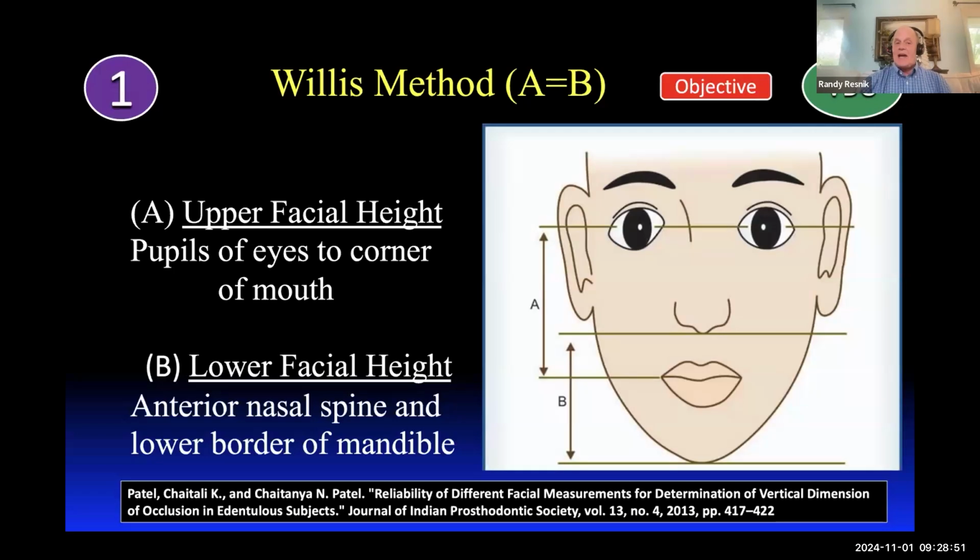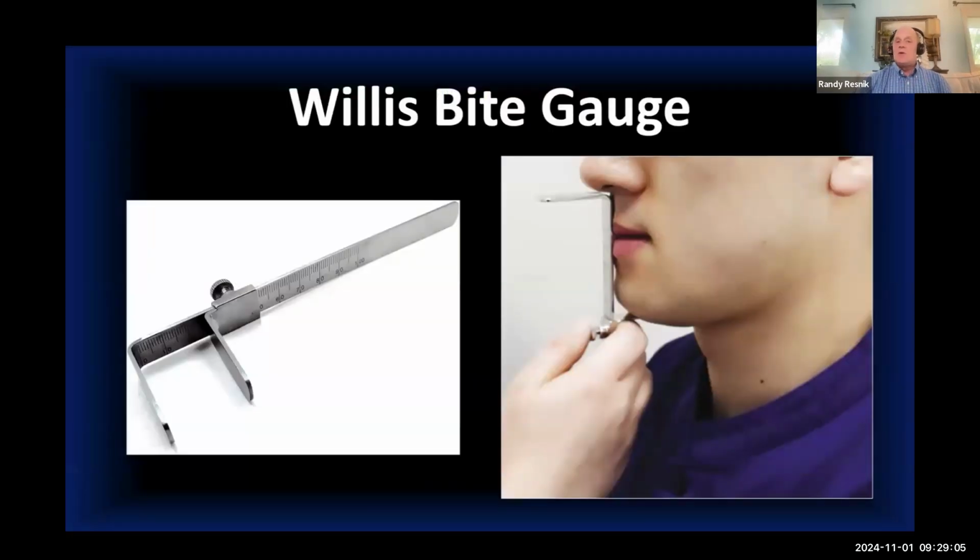You go from the pupil of the eyes to the corner of the mouth, and then the anterior nasal spine to the lower border of the mandible. So the Willis method is an objective technique, and it's one of the more common ones that have been used for many years. In fact, a lot of you might even have one of these Willis bite gauges, which a lot of people use to help in determining the measurements and the vertical dimension of occlusion.